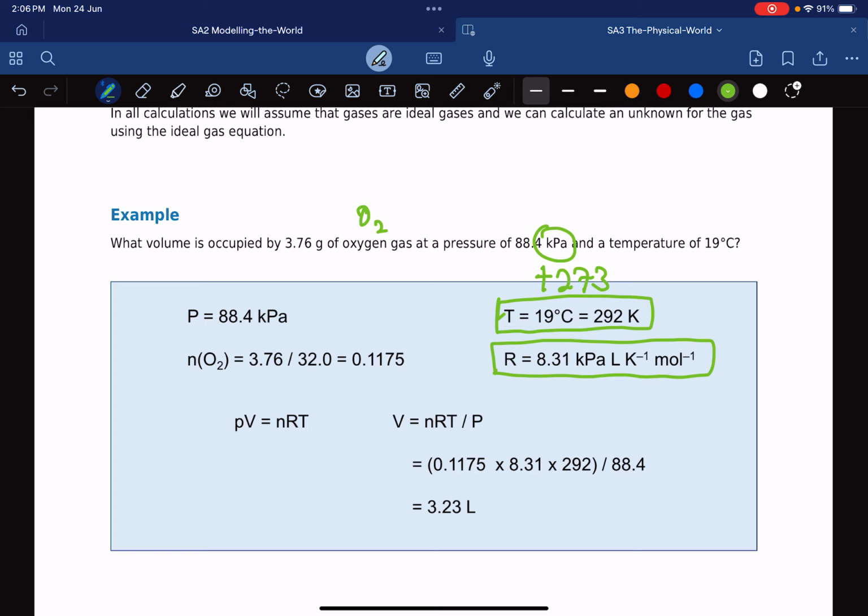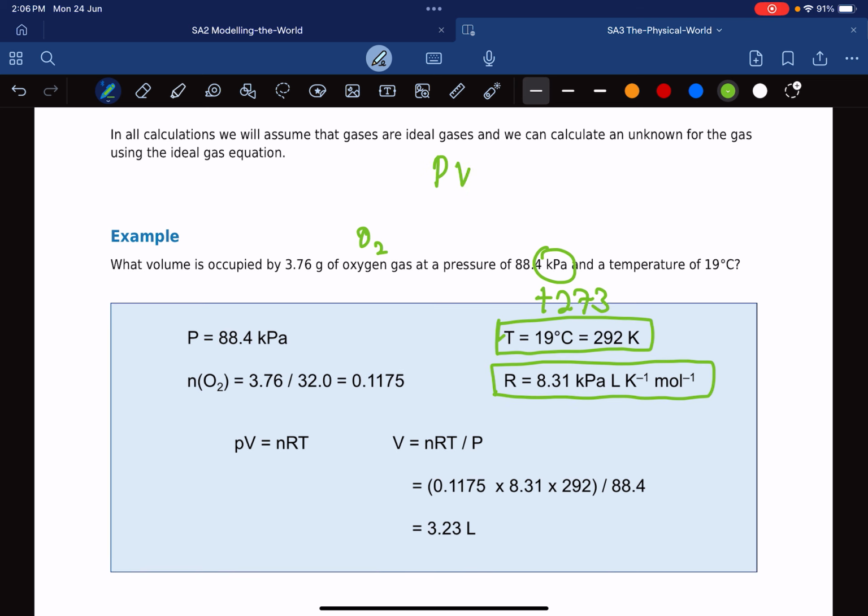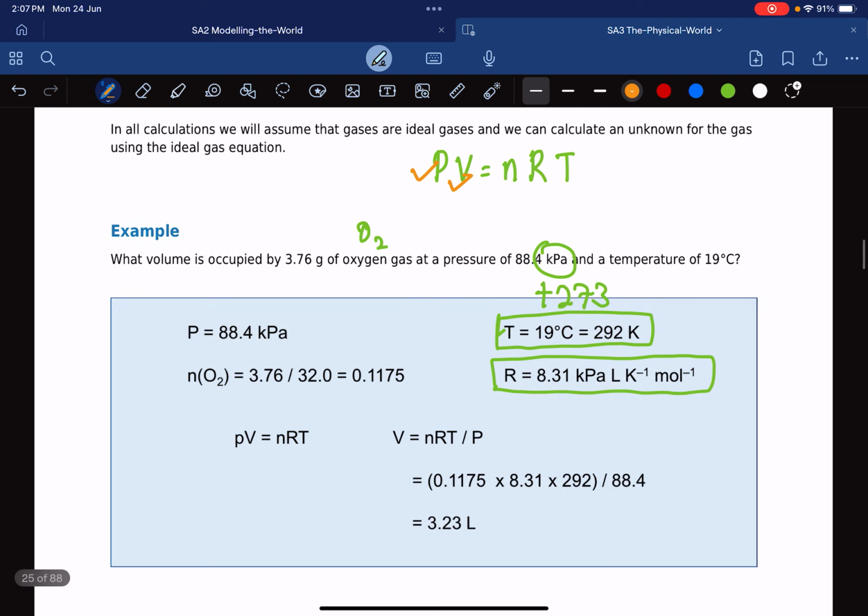All we have to do is plug everything into the formula: P, V, n, R, T. We know the value of P, and we are looking for the value of V. We know n, the number of moles of oxygen.